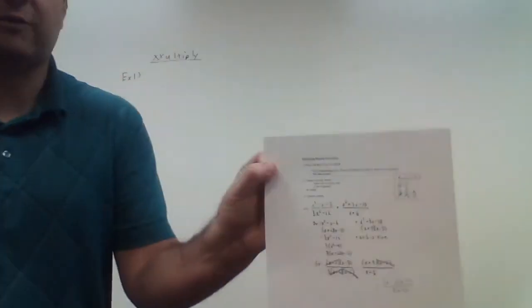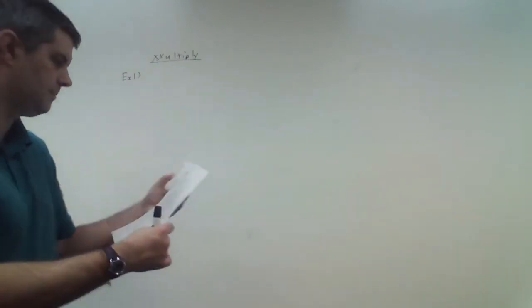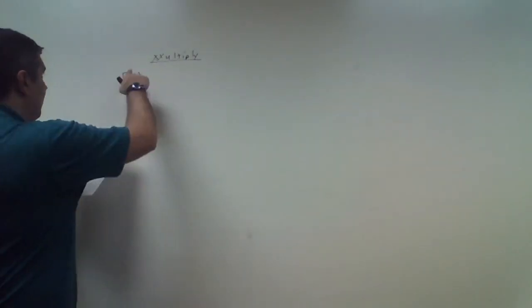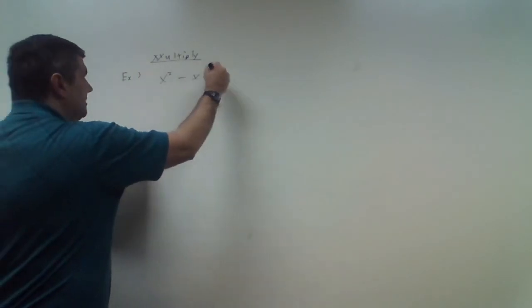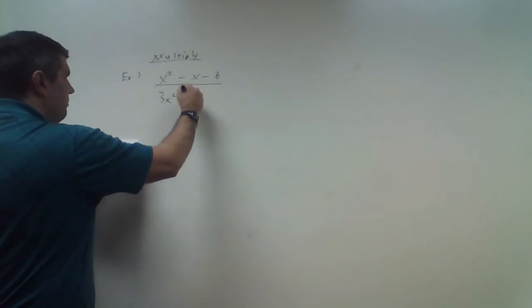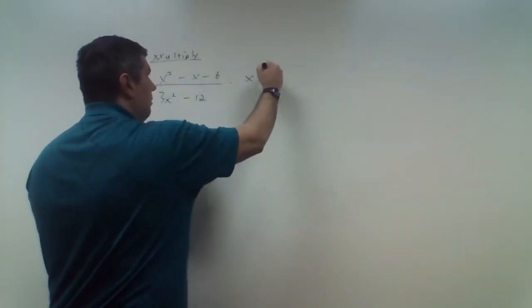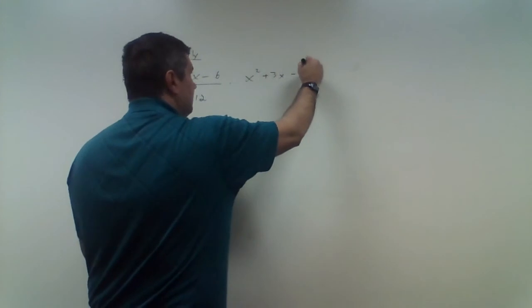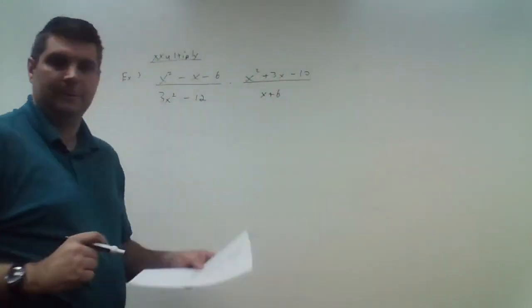So, multiplying rational expressions. Example 1, the only example that I have is x squared minus x minus 6 over 3x squared minus 12 times x squared plus 3x minus 10 over x plus 6.